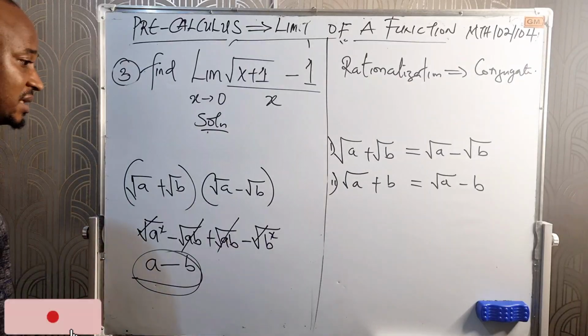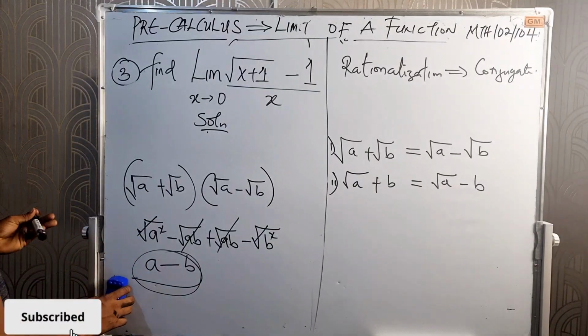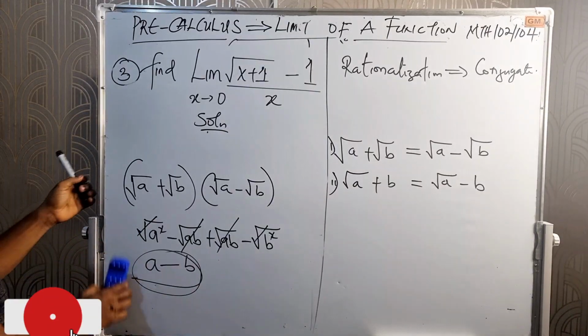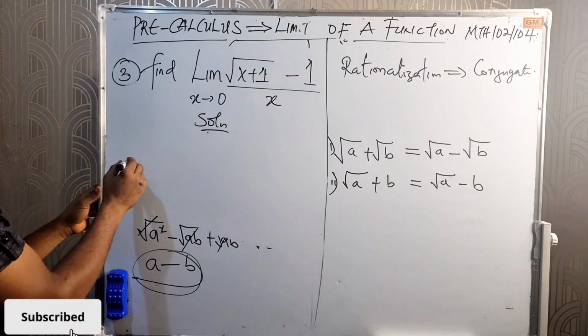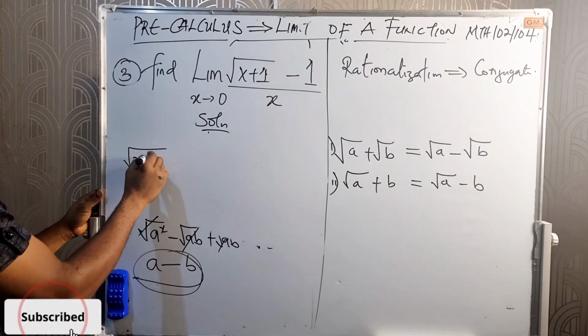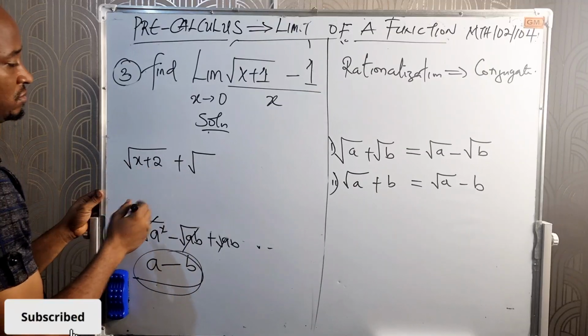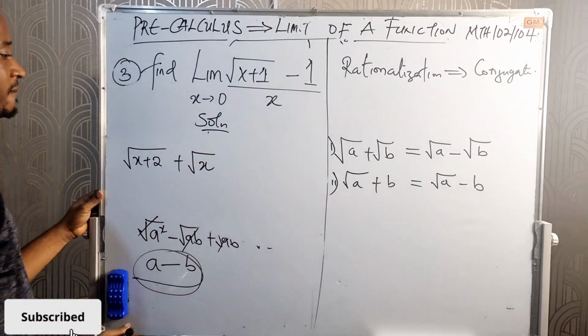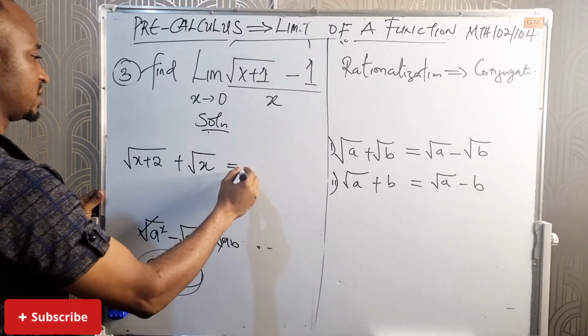Let me give an instance for us to understand. Please take note of this. Let's say, for example, we have root x plus 2 plus root x, and the conjugate of this will be what?